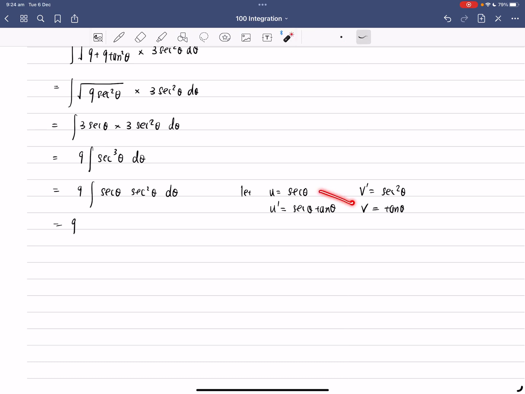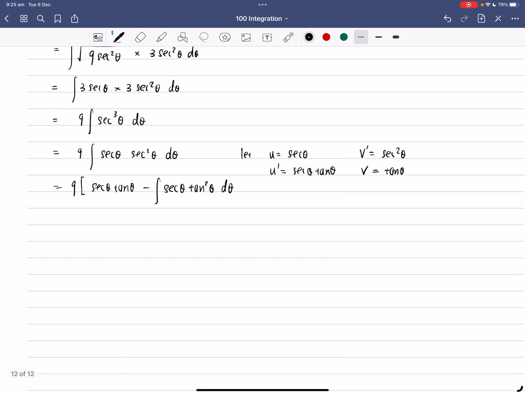We multiply these two together, putting a bracket around. That gives you secant theta tangent theta minus the integral of the product of these two, which is secant theta times tangent squared theta d theta, and close brackets.